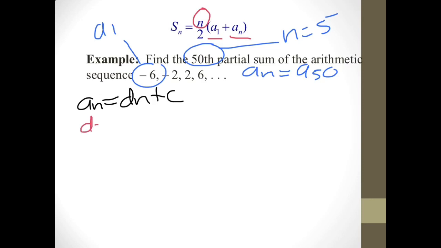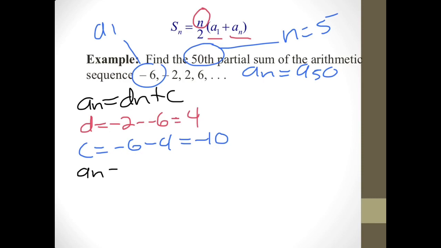If I go from -6 to -2, then I am adding 4 every time, which means my common difference is 4. To find c, we have -6 minus 4, giving me -10. Which means that my formula is a sub n is equal to 4 times n minus 10.